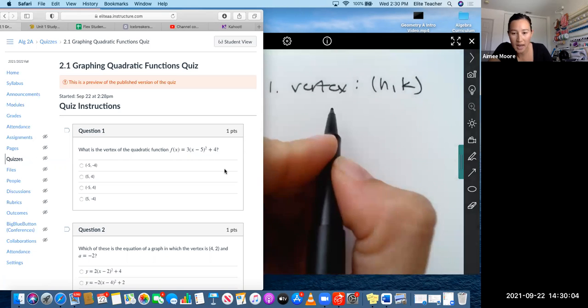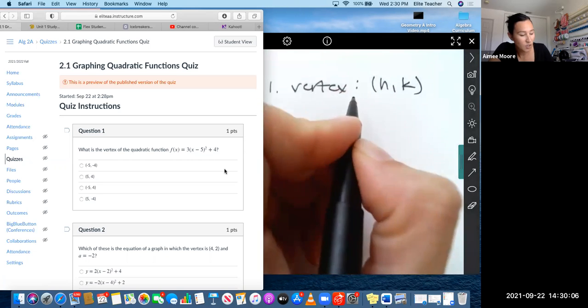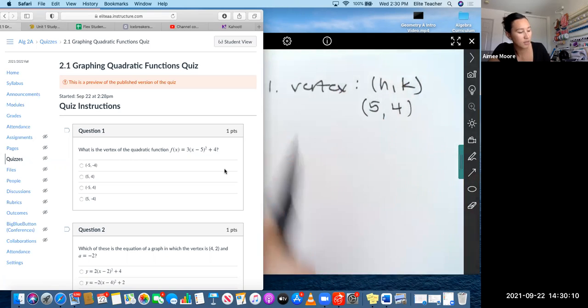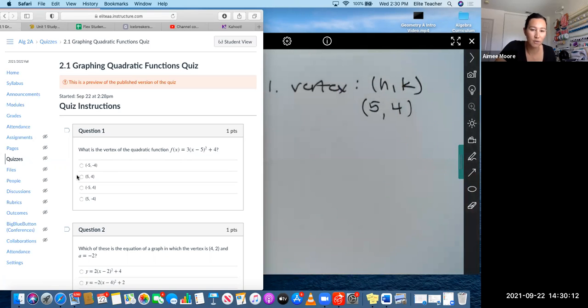Yep, John got it. So h is 5 and k is 4. So the vertex is 5, 4. Any questions on number 1?